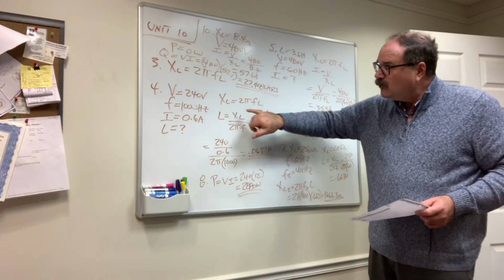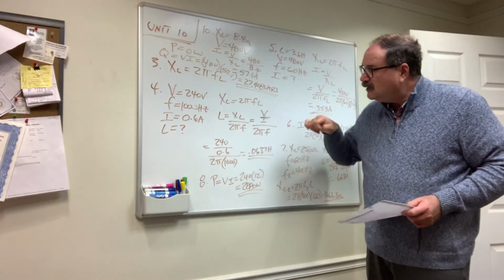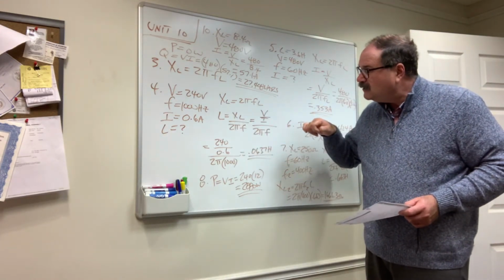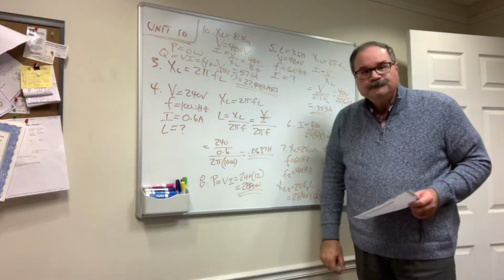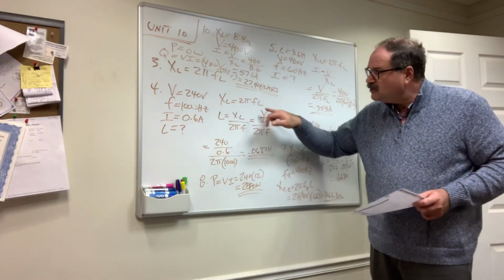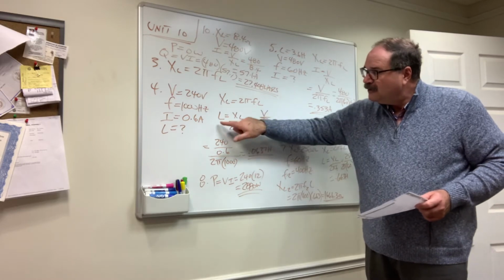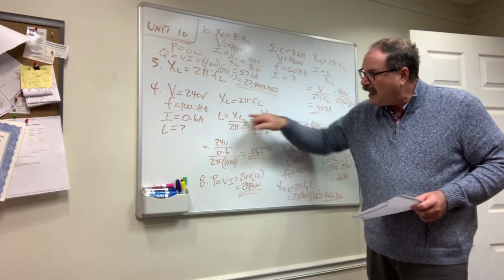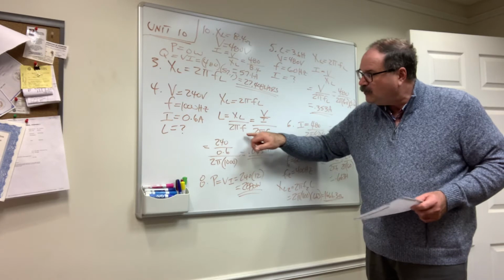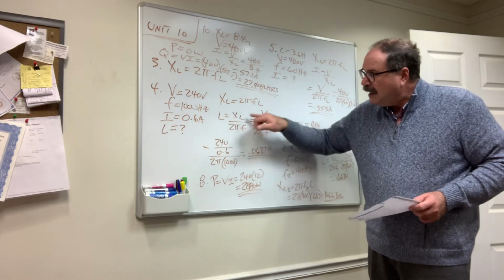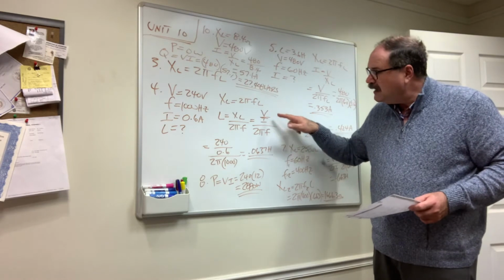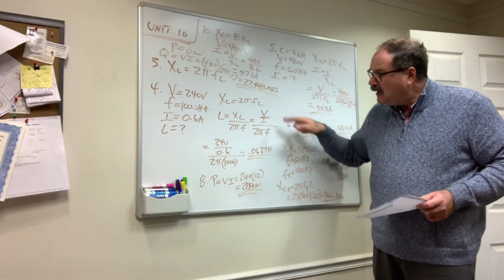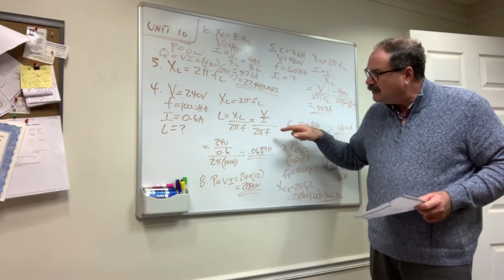So we can start with X sub L is equal to 2 times pi times the frequency times the value of the inductor. We're going to algebraically manipulate this expression. We want to solve for L. So L is going to be equal to X sub L divided by 2 pi F. But X sub L is also equal to V divided by I. So we can substitute these variables in.